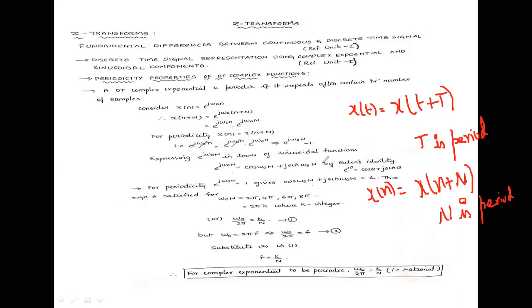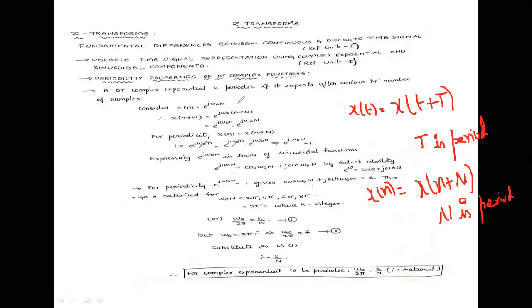The only difference is that t is continuous, while n is discrete, and the summation is used for discrete time signals. Coming to the complex functions.